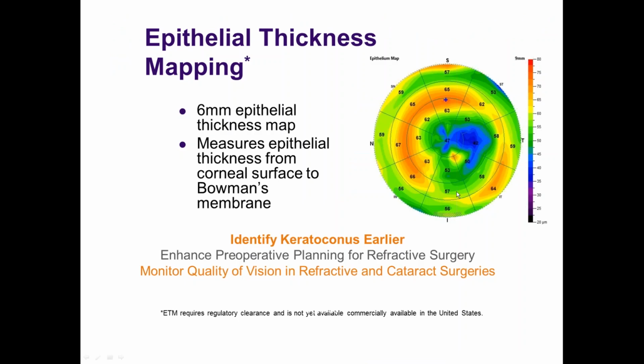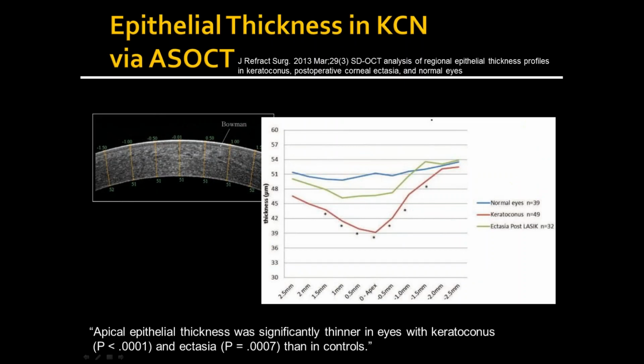And here's an example of an epithelial thickness map, central 6 millimeters at this point, just like the overall global thickness map. And when we look at that in keratoconus, here is a paper that was published in 2013 looking at 3 different groups and looking at the profile of mean epithelial thickness. Up here in blue are normal eyes.